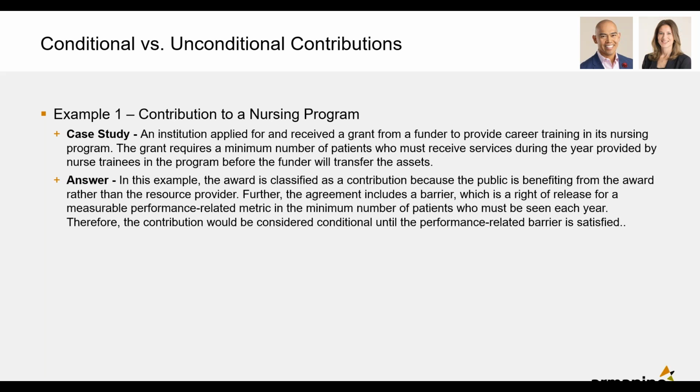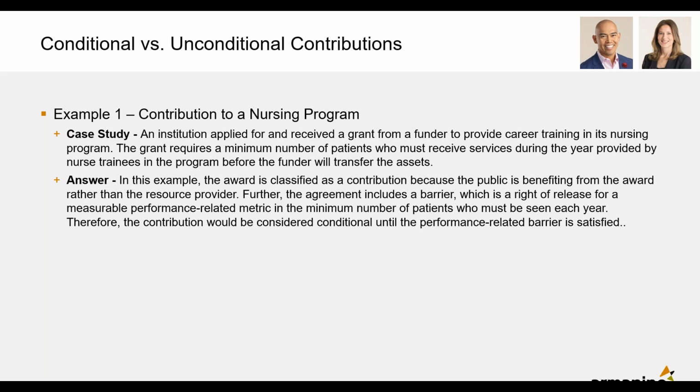The answer here is that the award is classified as a contribution because the public is benefiting from the award rather than the resource provider. Remember, we're still trying to determine whether it's conditional or unconditional. This agreement also includes a barrier. There's a right of release related to a performance metric in terms of the patients who would receive services in this program.